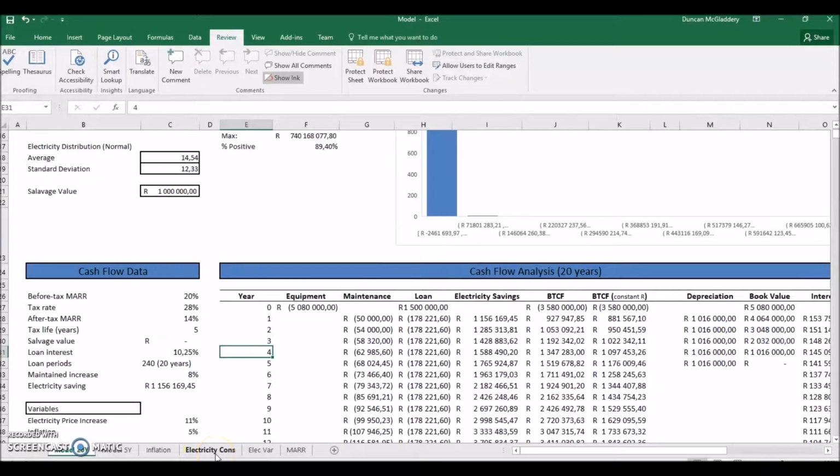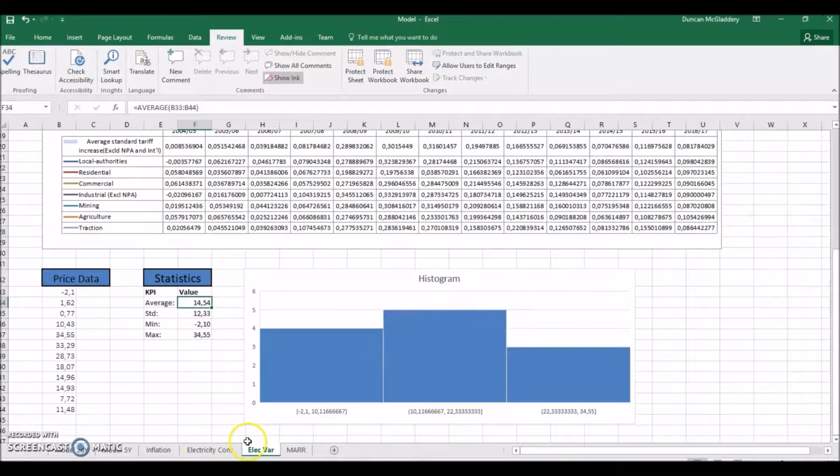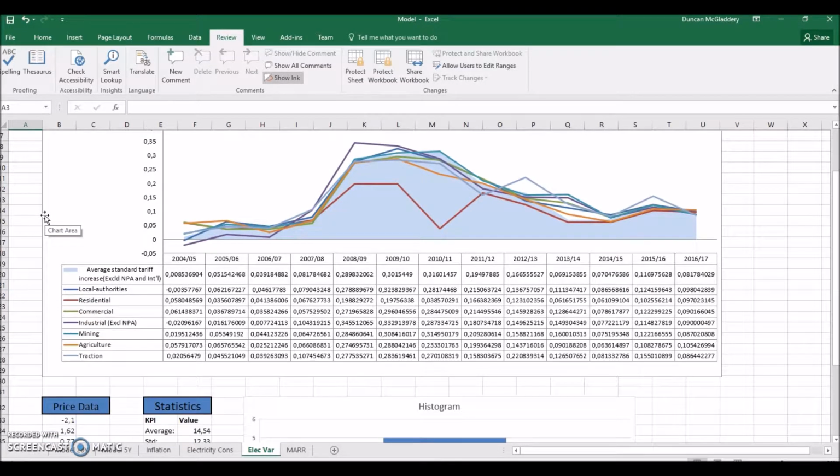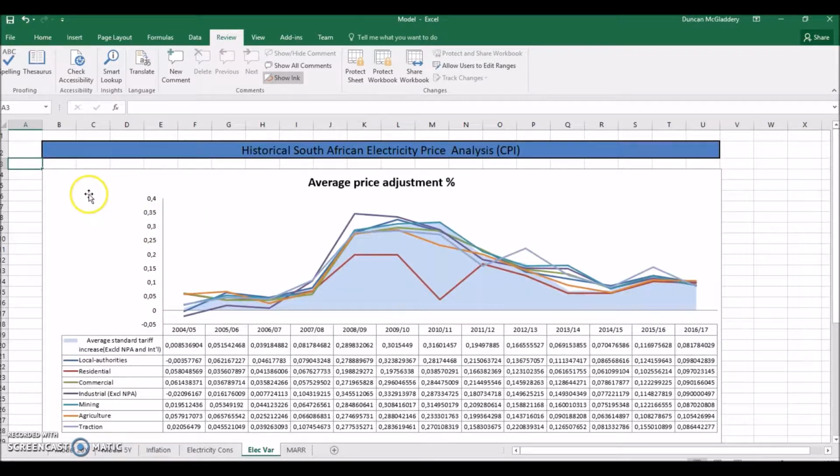Now that we have the electricity savings, we need to come up with a way to model the distribution of the electricity price increase. In order to get the data, I went onto Eskom's website, and a big surprise is that they are actually pretty good at using Excel. I managed to get this chart directly from them.